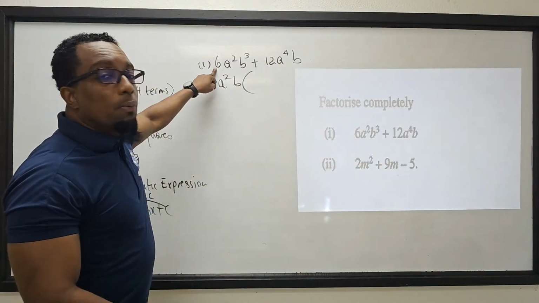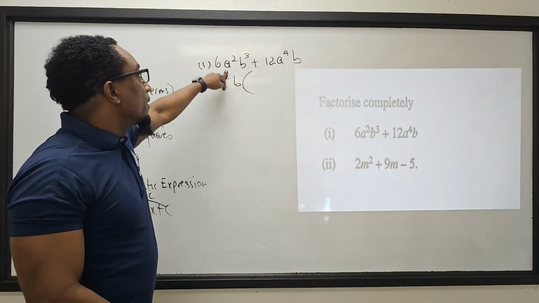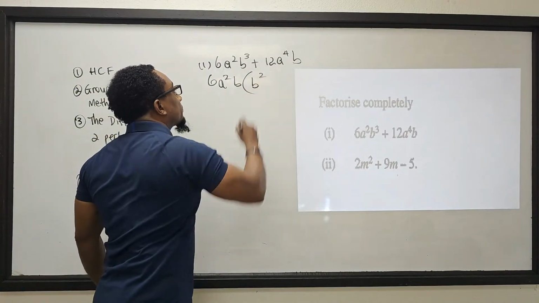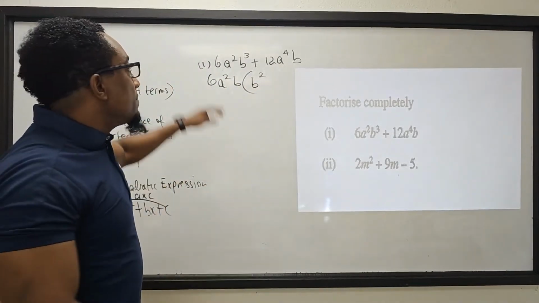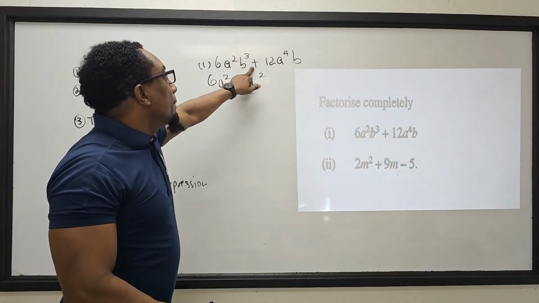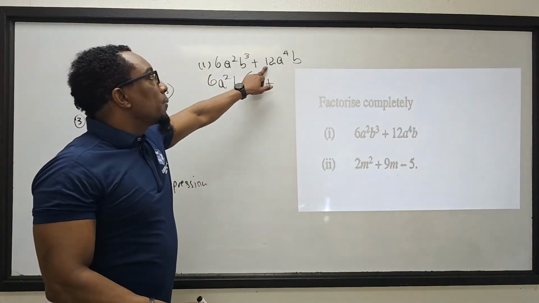Let me divide 6a squared b into each term. 6 into 6 is 1. A squared into itself is 1. B divided into b cubed gives me b squared. Let me divide the highest common factor into my second term. A plus divided by a plus is a plus. 6 into 12 is 2.